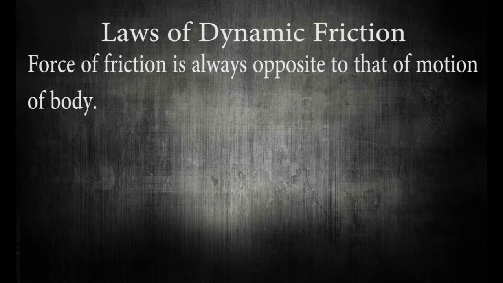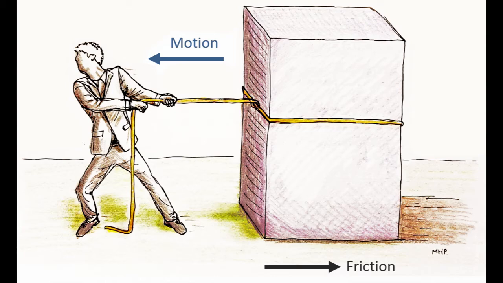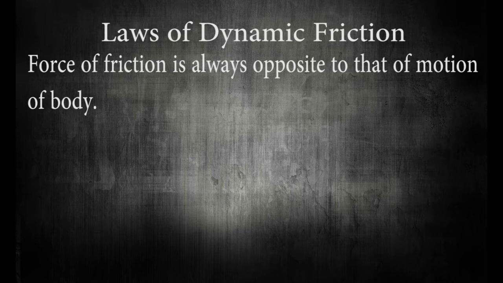Means if you are pulling or pushing the object in one direction, friction always acts in the opposite direction, as we can see in this image. So remember that this law was also introduced in static friction, because it is the general law for friction that it always acts in the opposite direction, as shown in this image.